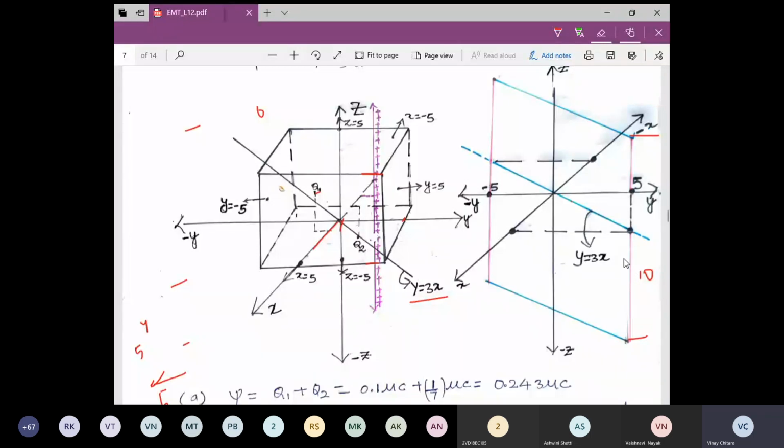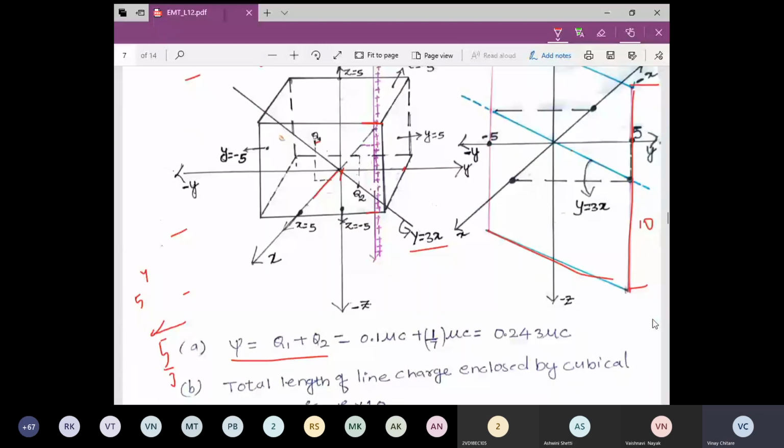The only thing I was interested to identify is what area of this plane is really trapped inside this cubical surface. To find the area, I need two dimensions, length and breadth. One dimension is this, and one more dimension is this. I know that z varies from -5 to +5, so the total height is 10.